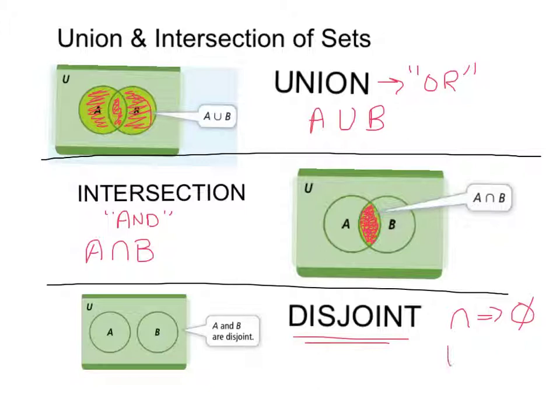If I'm looking for the union, all of A and all of B will end up being solutions. So it just depends on if I'm looking for the union or the intersection, but the disjoint sets are just ones that don't have anything in common. They don't cross at all.